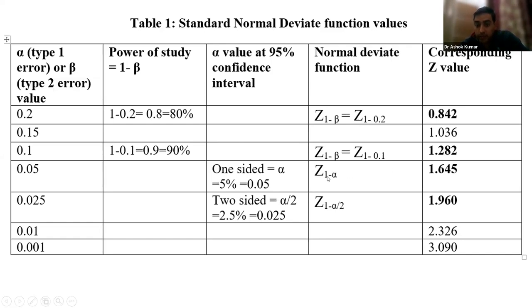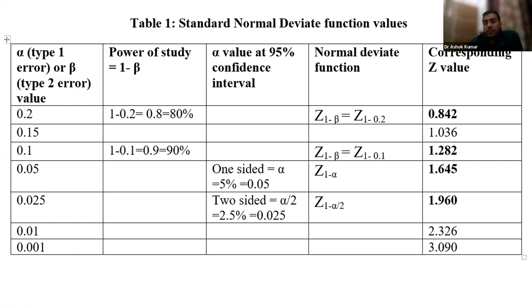And if there is Z1 minus alpha in the sample size calculation formula, you have to take 1.645. But if the formula says Z1 minus alpha by 2, then you have to write down 1.960. You have to remember this.